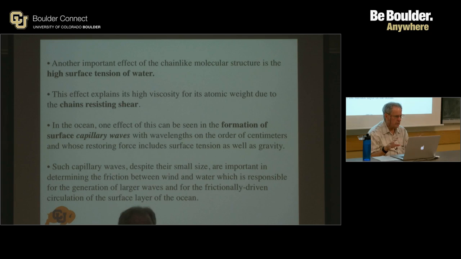This forms what are known as capillary waves, and the capillary waves are taking energy from the atmosphere and putting it directly into the ocean. So these capillary waves are little teeny waves that happen when the wind blows, and they're very important in determining the friction between the wind and the water, which has been a subject of a lot of study and debate over the years. But I think we've got it pretty well figured out now.